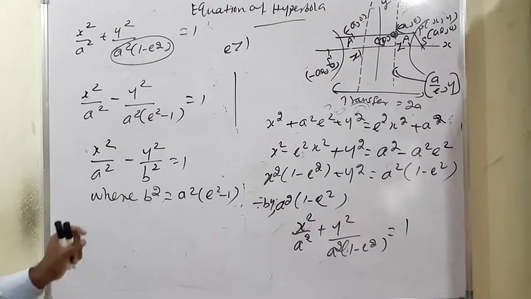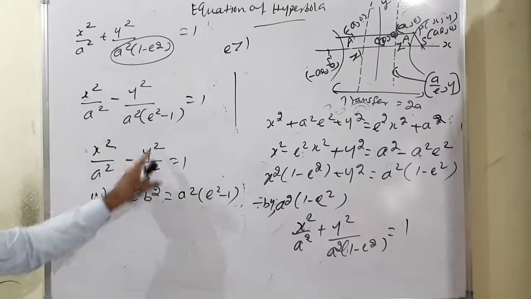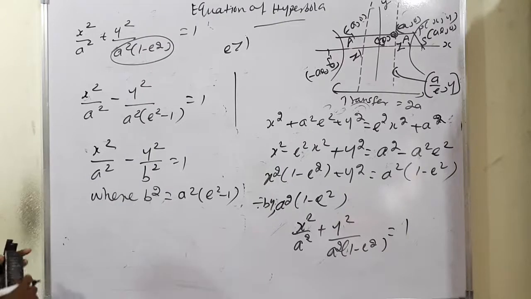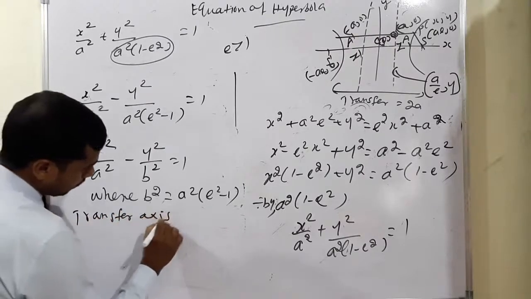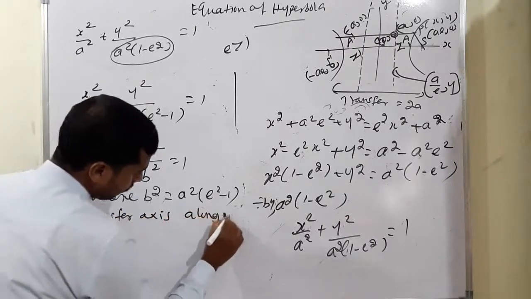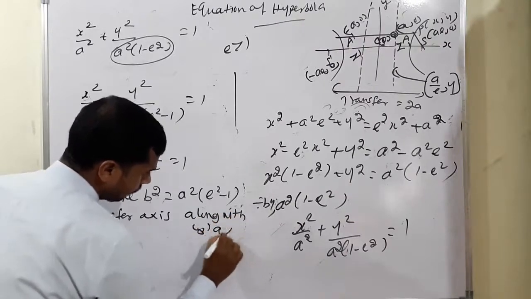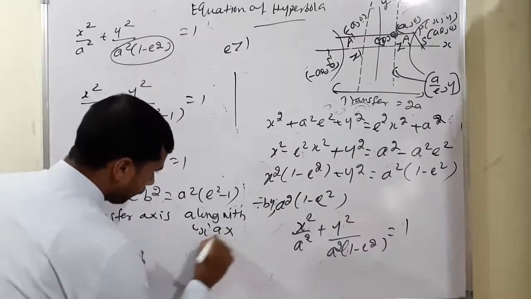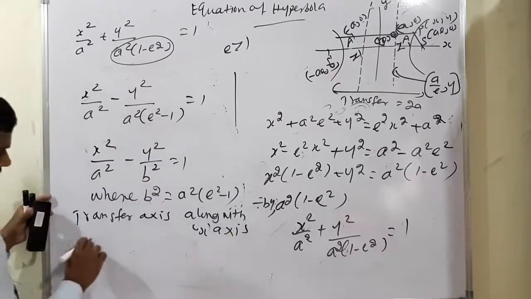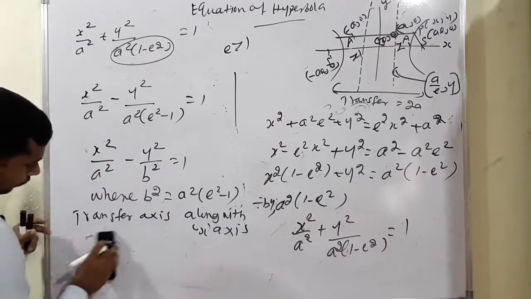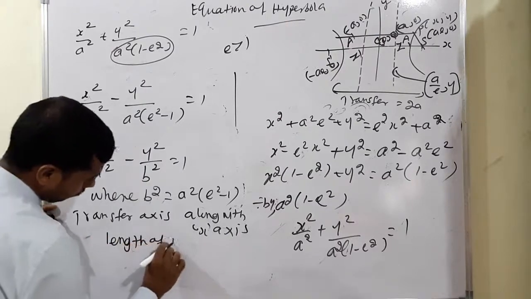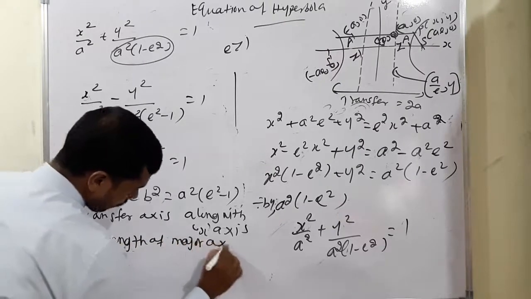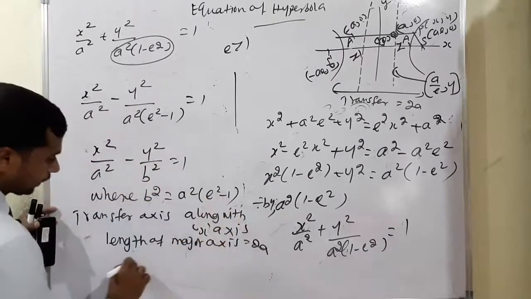So we proved also the equation of hyperbola: x square by a square minus y square by b square is equal to 1. Now some important points. The transverse axis along with the x axis means the length of major axis is equal to 2a, as well as the conjugate axis.